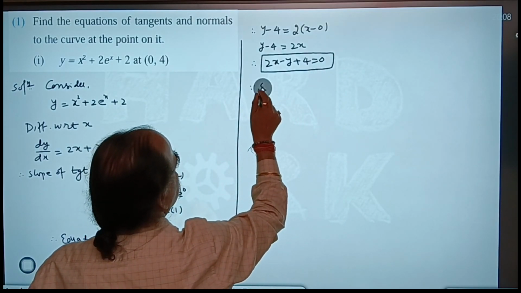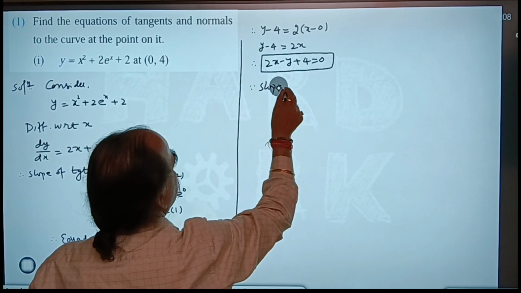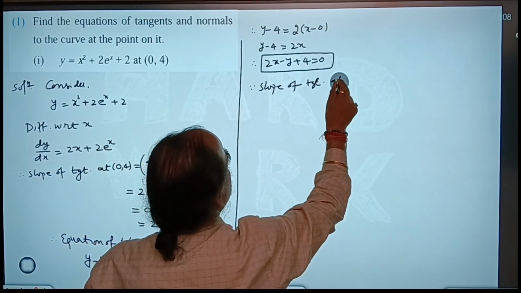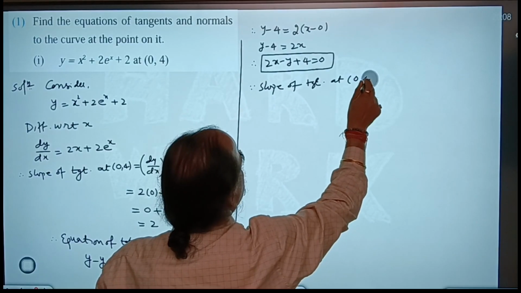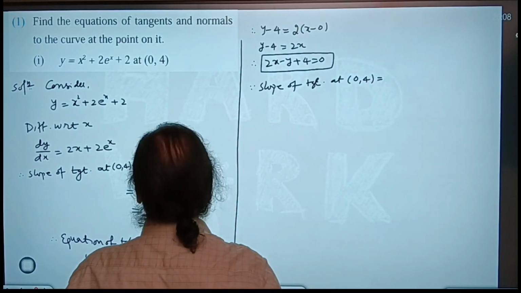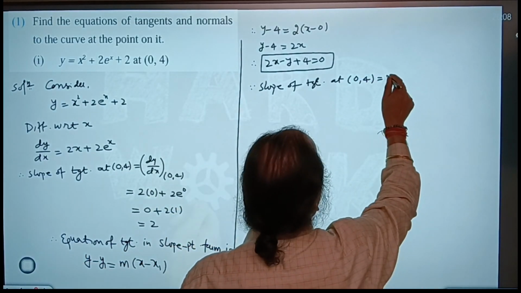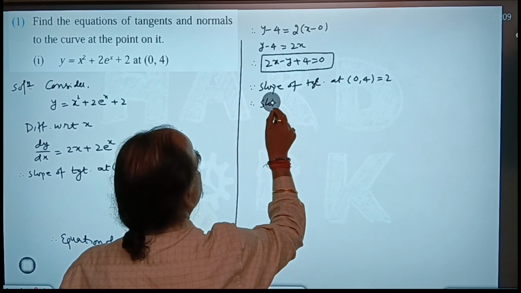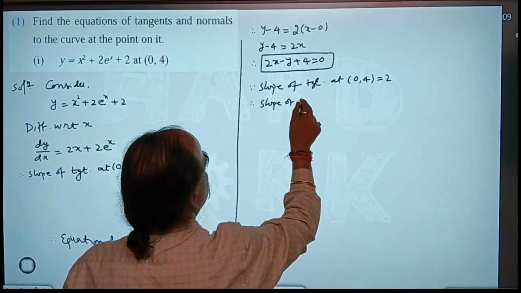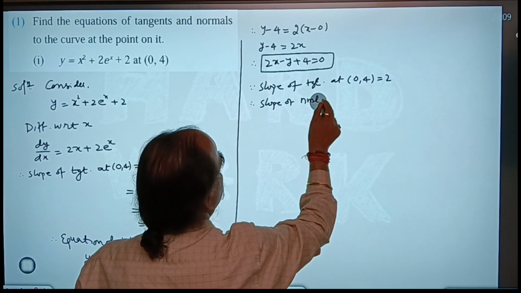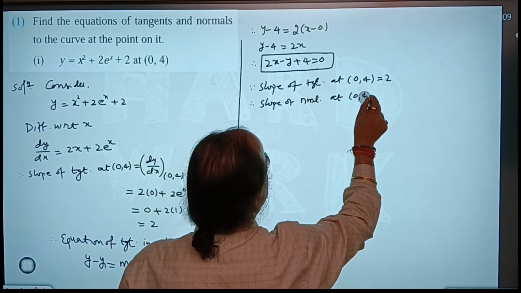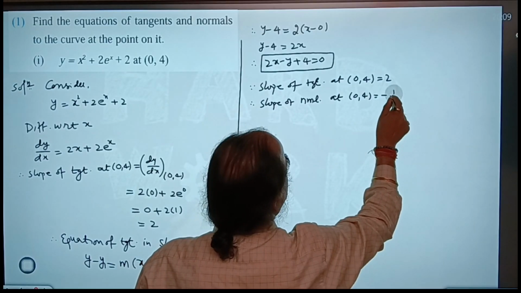Since slope of tangent at (0, 4) is equal to 2. Therefore, slope of normal at (0, 4) is what? Minus 1 upon 2.